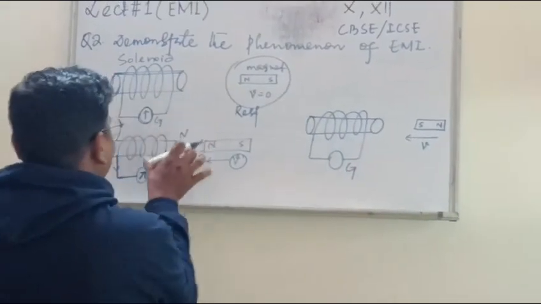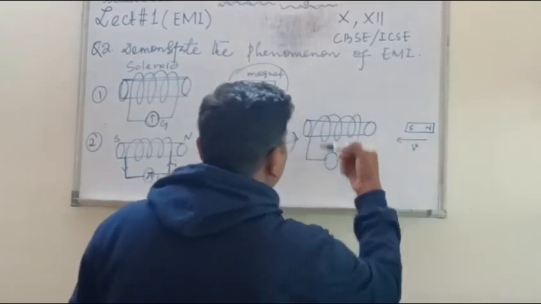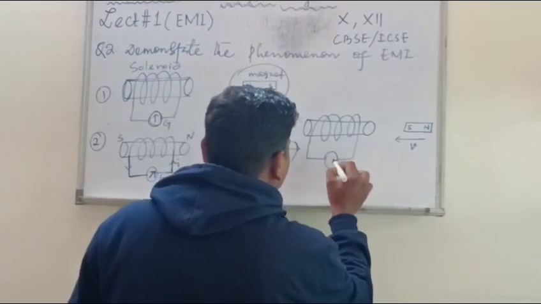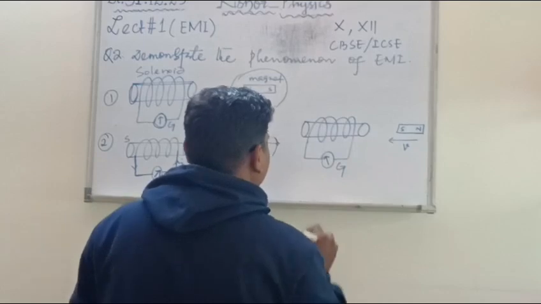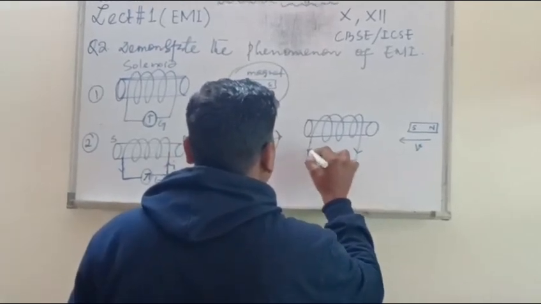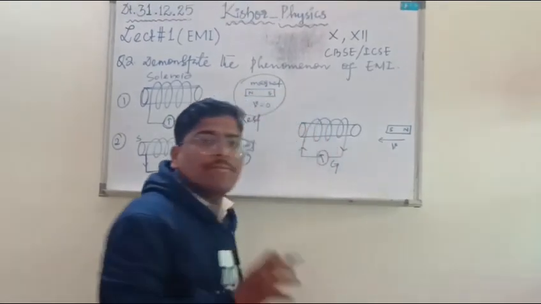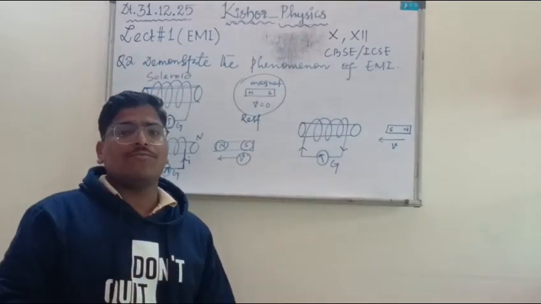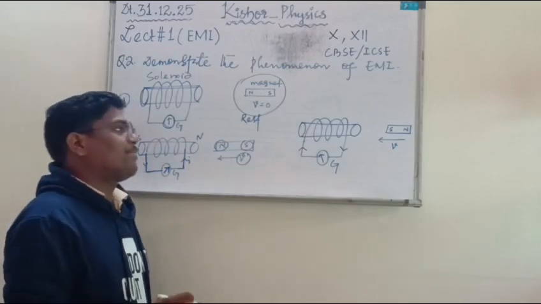Mark the difference: now the south pole is facing the solenoid. So definitely an induced EMF will be there, but it is in the reverse direction. रिवर्स डायरेक्शन में अभी इंड्यूस्ड हो गया. इसका मतलब क्या है? What we can observe here is that if you change the polarity of the magnet, the induced EMF also gets reversed.